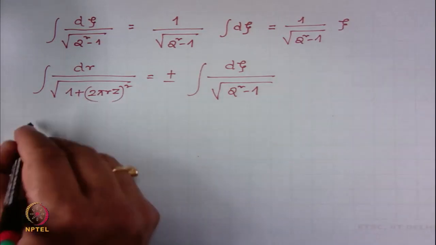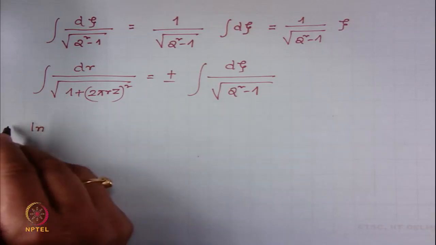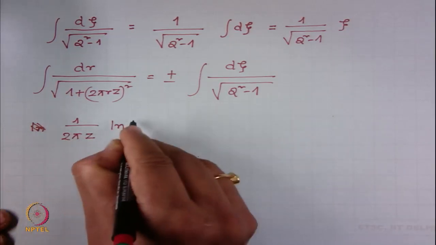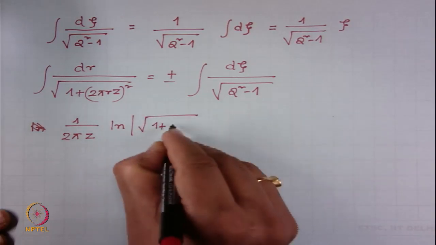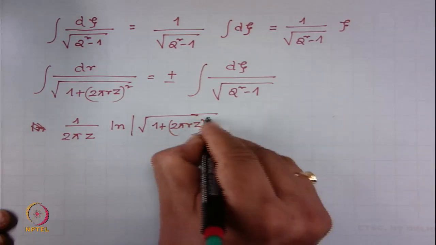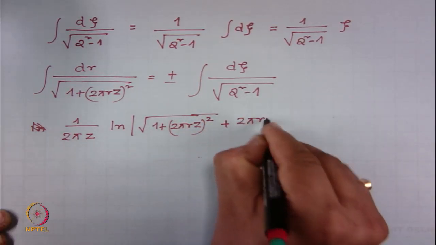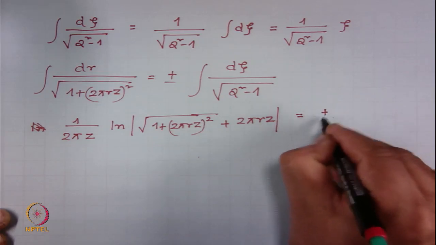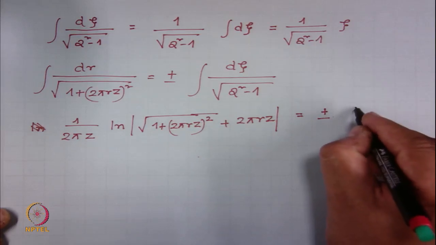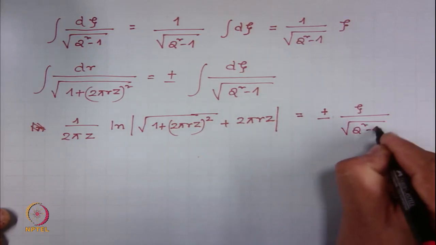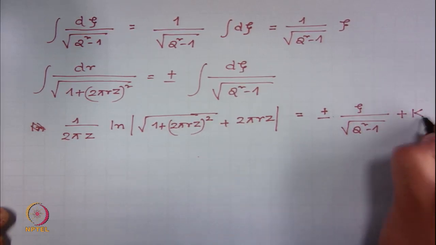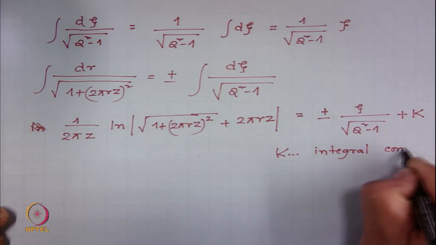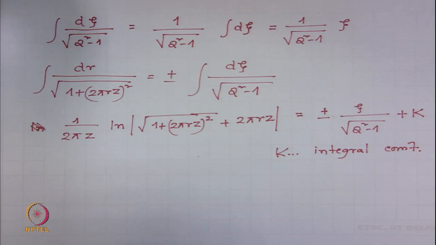So, this integration we found as one by 2 pi z ln root over 1 plus 2 pi r z square plus 2 pi r z is equal to plus minus zeta by this plus say k, k is integral constant, right.